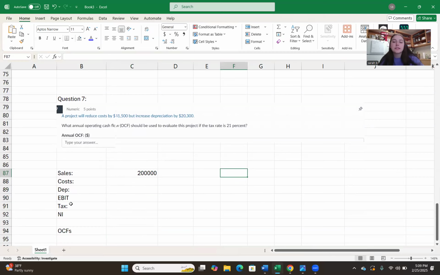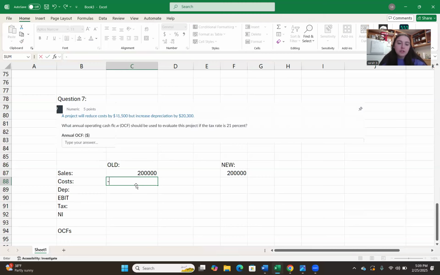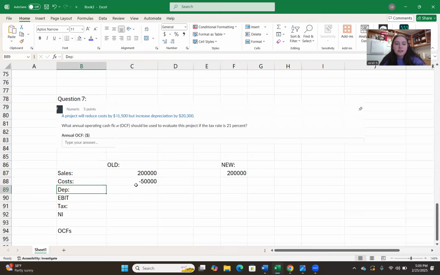I can make up these numbers so long as they stay the same. So old, and I'm going to say new right here. I'm making up these numbers, 200,000. And costs, let's say, I don't know, 100,000. No, let's do less than that. Let's do 50,000 for costs.